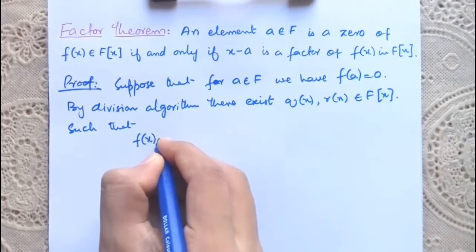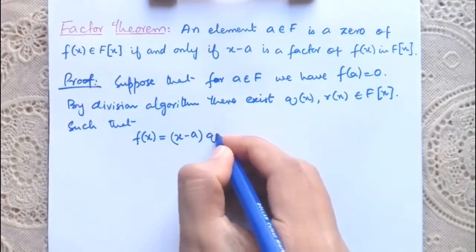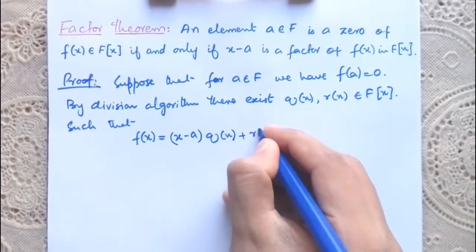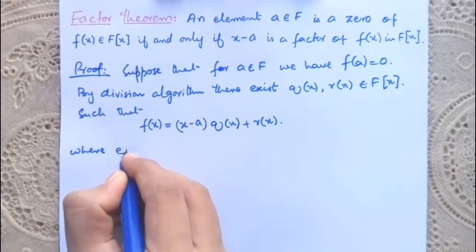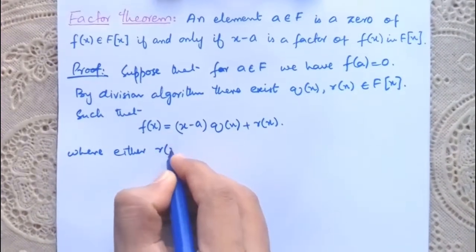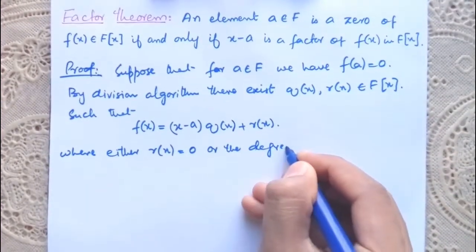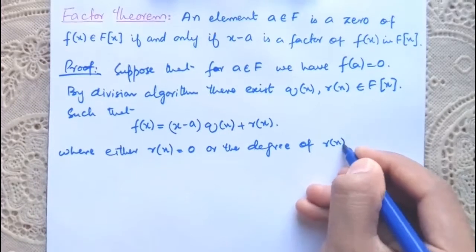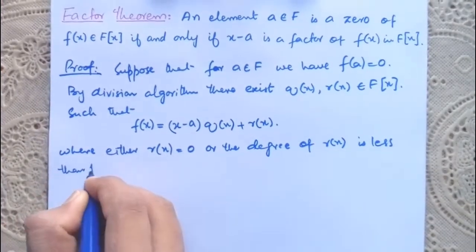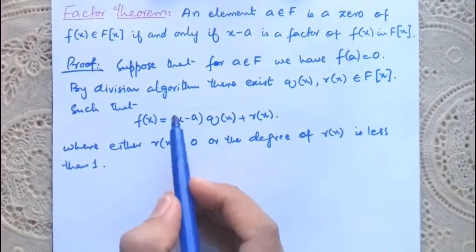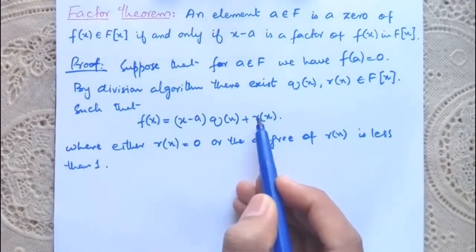f of x is equal to x minus a times q of x plus r of x, where either r of x is equal to 0 or the degree of r of x is less than 1, because in terms of the division algorithm, x minus a is g of x, and the degree of r of x will always be less than g of x.